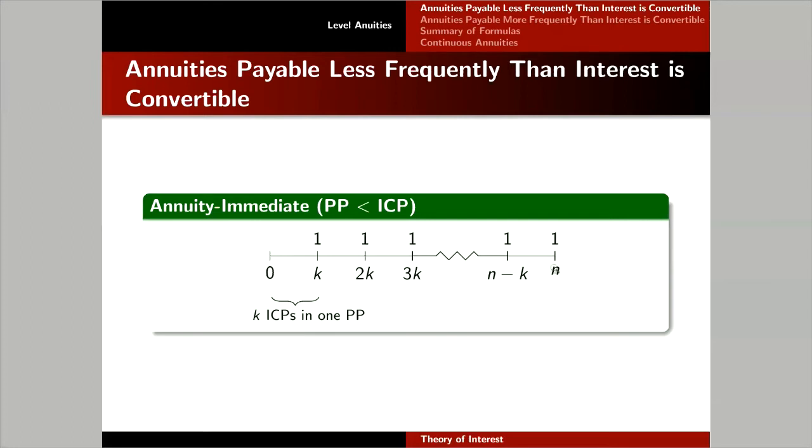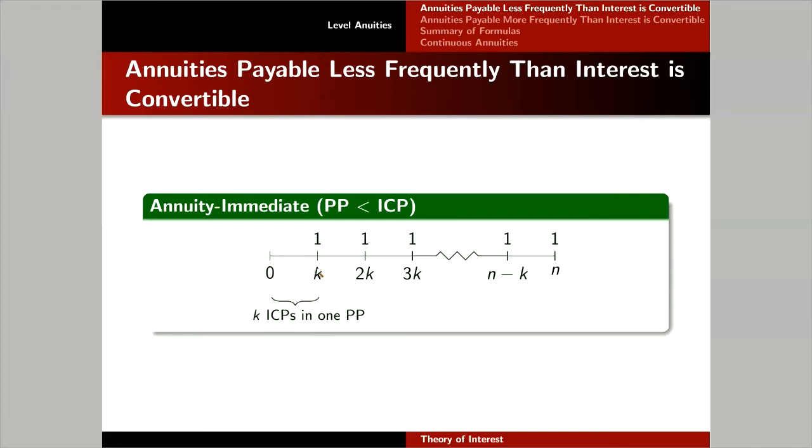This one is in terms of ICP. So merong N interest conversion period. Okay? Tapos ito, I labeled it K, 2K, 3K, and so on. This is N minus K. Why? Because yung unang payment period will happen after K interest conversion periods.